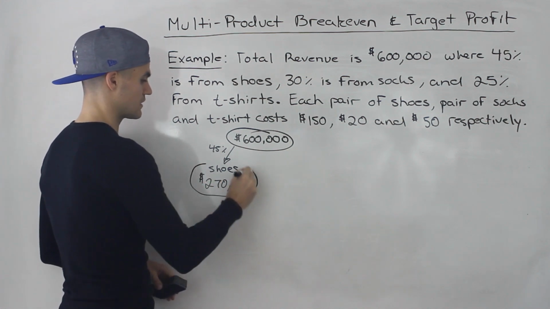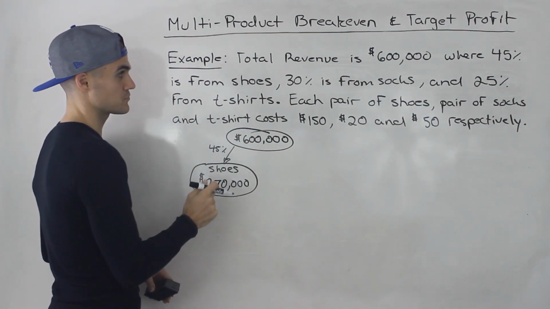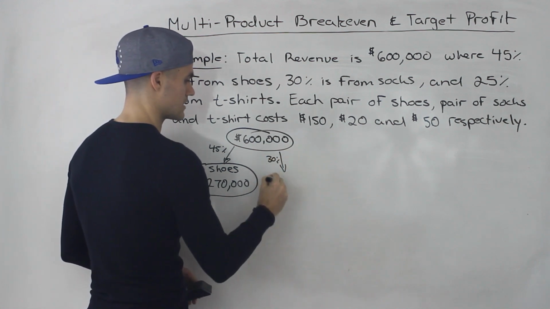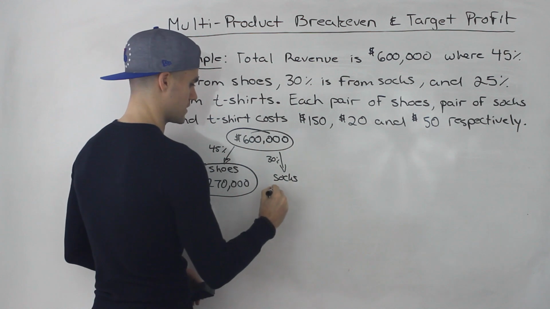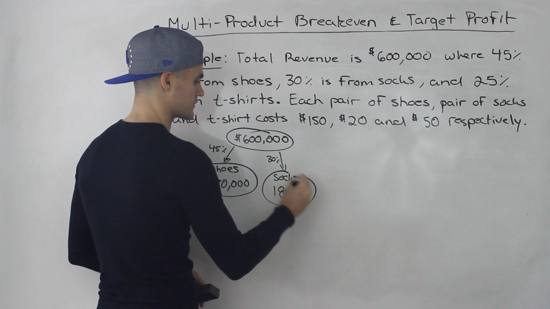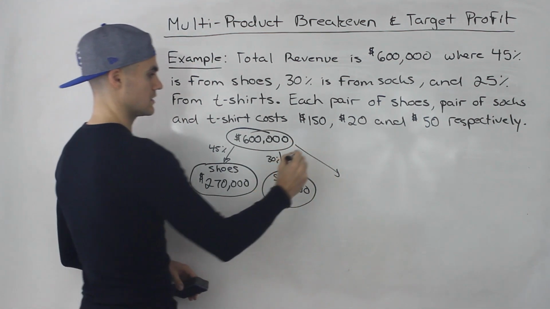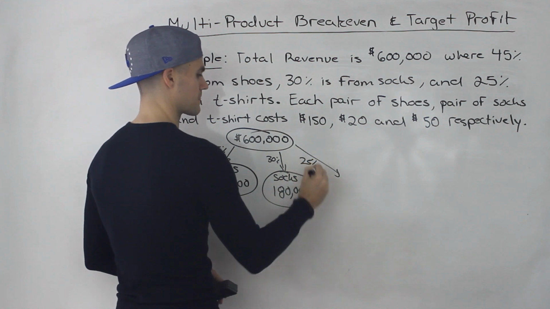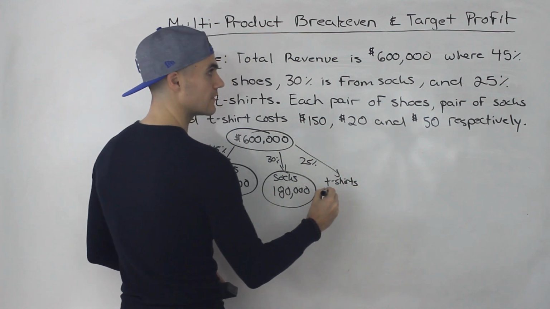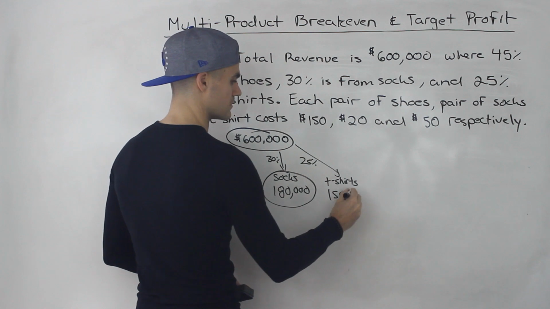So 270,000 of the 600,000 revenue is coming from shoes. 30% is coming from socks, so that would be 180,000, 30% of $600,000. And then the remaining 25% is coming from t-shirts, and 25% of 600,000 is 150,000.